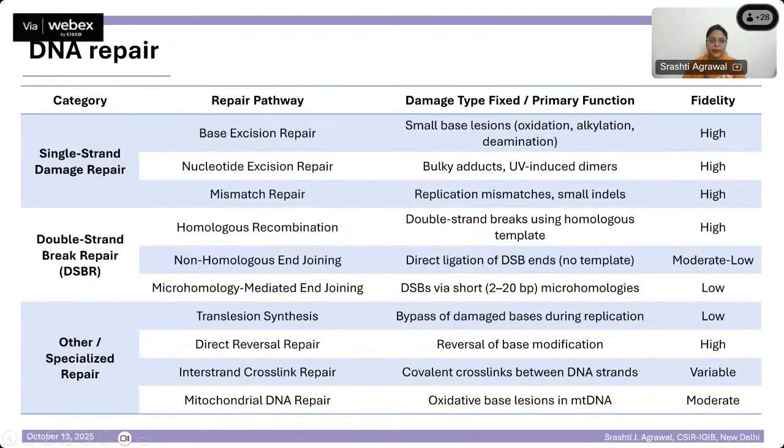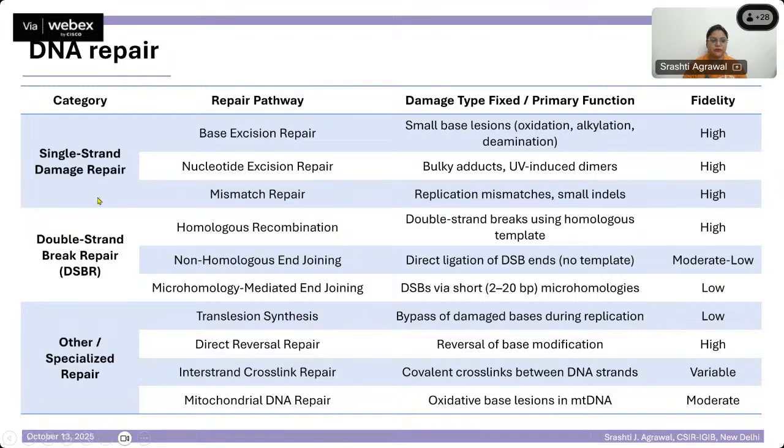Then we have the DNA repair pathway. Normally, all the errors that take place in the cell while replication or while division are taken care of by the DNA repair machinery. But sometimes some of the errors are not taken care of, and hence, if there are any errors during the DNA repair, they might lead to sustenance of these mutations in the next strand of DNA which has been synthesized.